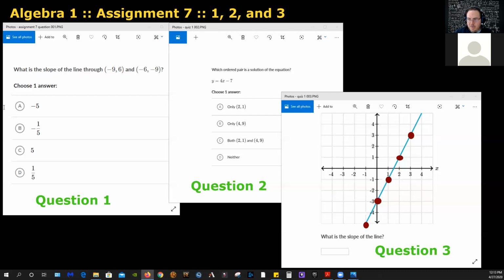So now you get some exciting online footage watching Mr. Matthews do paperwork, but not showing you what he's doing. I'm going to try to find the slope that goes between -9, 6 and -6, -9.